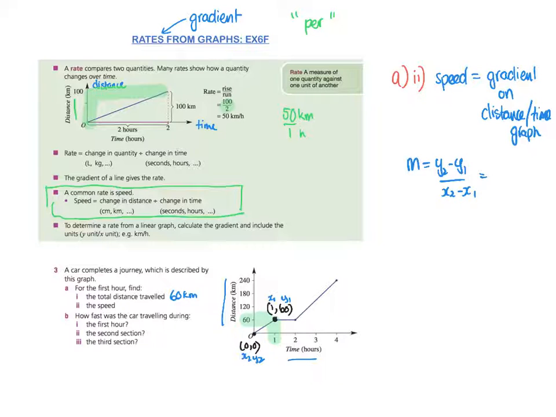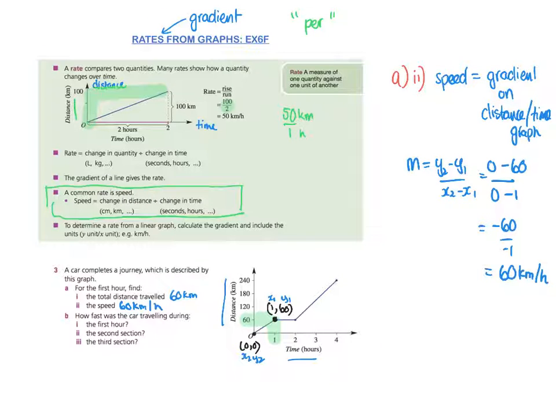We've got y2 is 0 minus 60 over 0 minus 1, so we end up with negative 60 over negative 1. A negative divided by a negative becomes a positive. So I've got 60 kilometres per hour. See how I got the same? So we know the speed is 60 kilometres per hour.